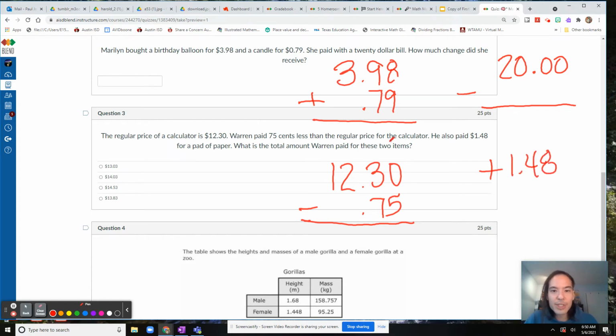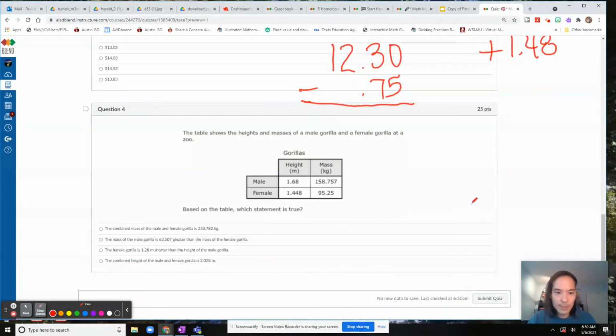And that should tell us how much he spent on the two items. So once again, take the $12.30. You're going to subtract the sale, the 75 cents less than the regular price, and then you're going to add $1.48 to whatever your answer is, and that will tell you how much he spent in all.